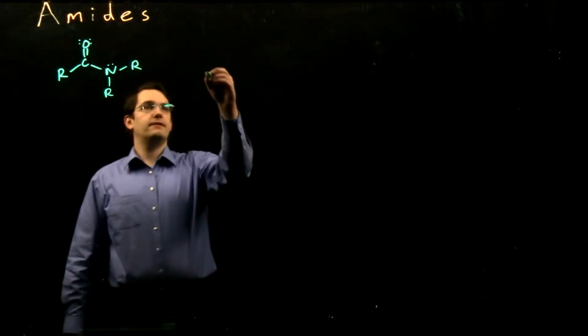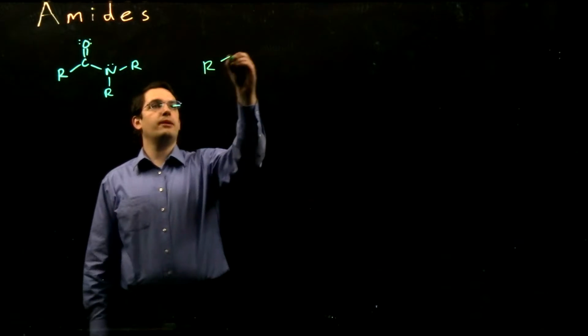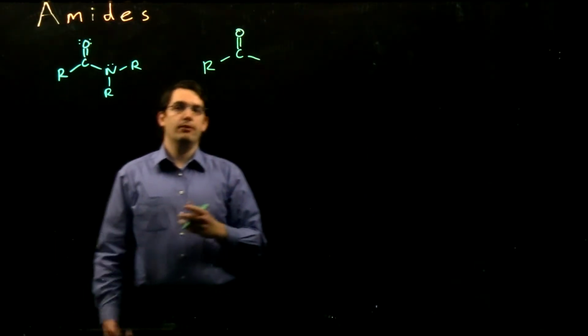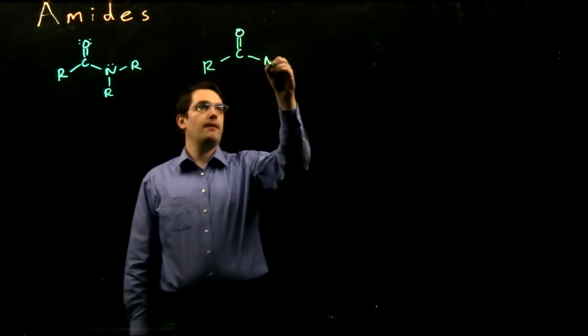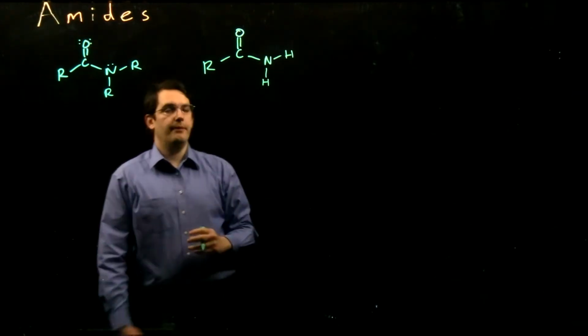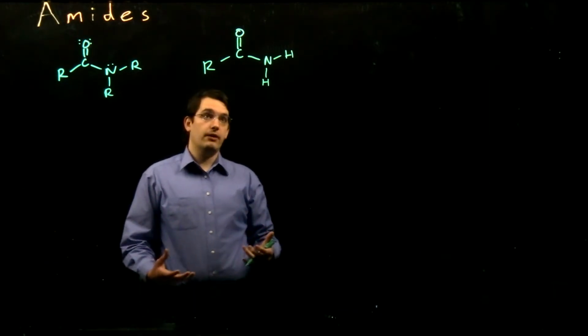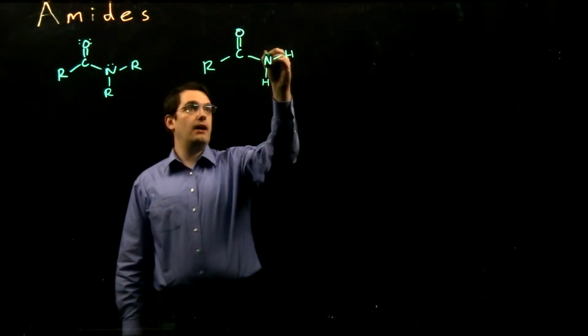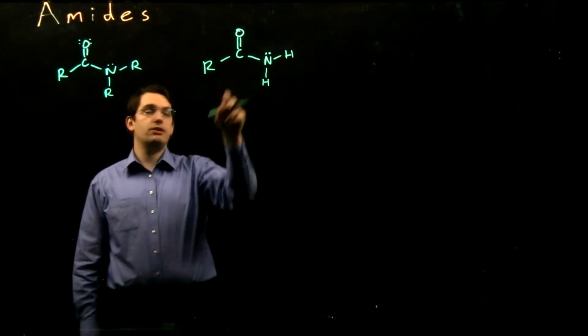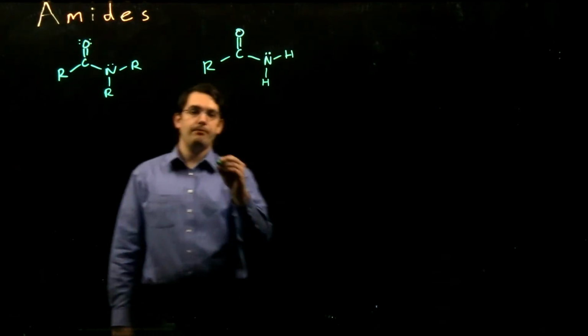Here with our amides, our nitrogen can accommodate three bonds. One of those bonds is always going to be to our carbonyl carbon again, but we could have two bonds to hydrogens. So this would be somewhat like our carboxylic acid, in the sense that our electronegative atom is only bonded to other hydrogens in addition to the carbonyl carbon.